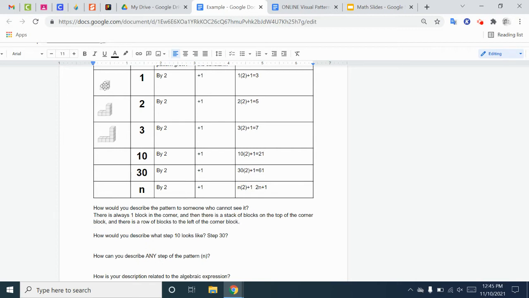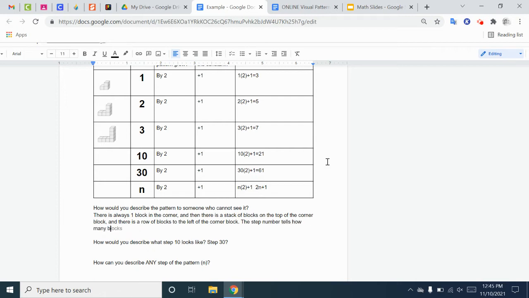I'm going to say one more thing: the step number tells how many blocks are in the stack on top and how many blocks are in the row on the left. So that tells me what every step of the pattern looks like.